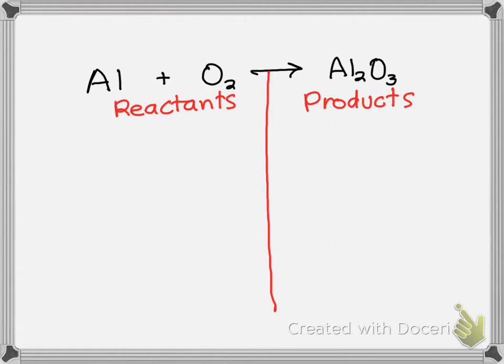Now, I like to list my reactants. So I say I have aluminum and oxygen, or list my elements, they're on both sides, aluminum and oxygen.